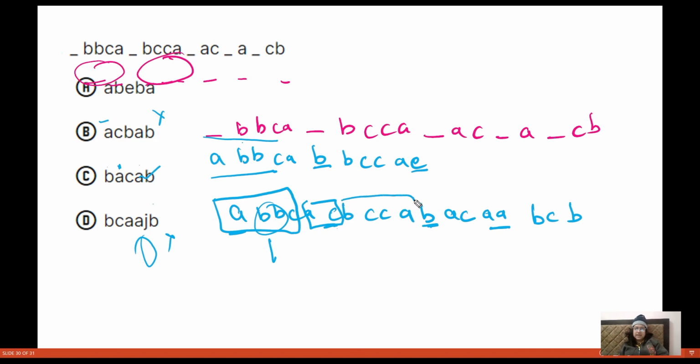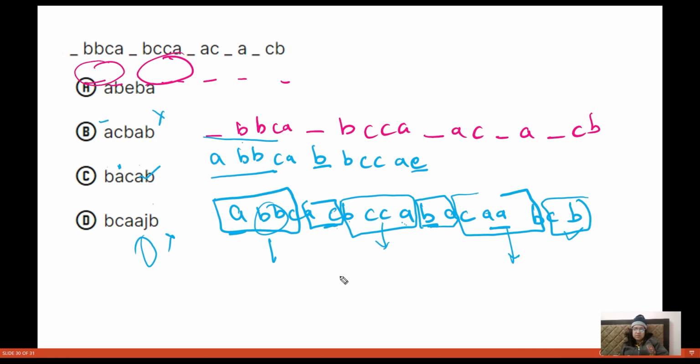Then I am getting B double C A, and then from the middle it is removed, so I am getting BA. Then I am getting C double A B, and then CB, since from the middle this is removed.